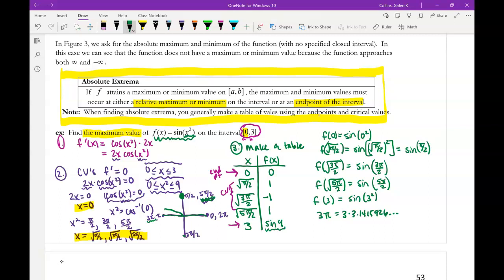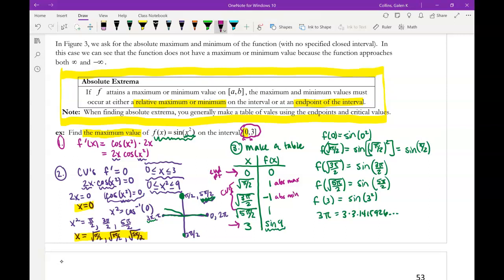So if I'm on the x-axis, y is 0. And I know at the bottom of my unit circle, the sine value is negative 1. So I don't need to know the sine of 9 to know that it's neither the min nor the max. So we find out that the absolute max is 1 and the absolute minimum value is negative 1.